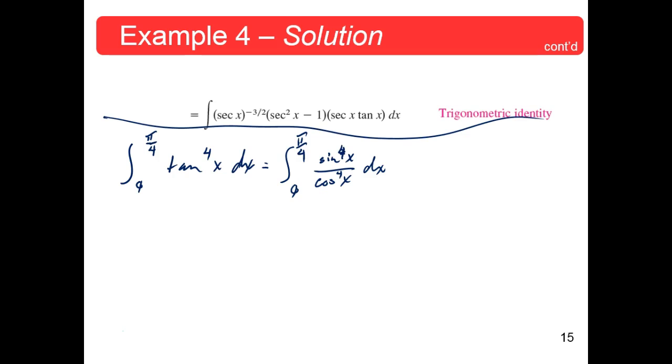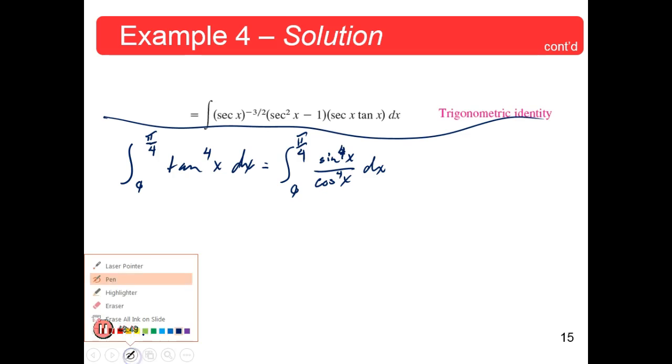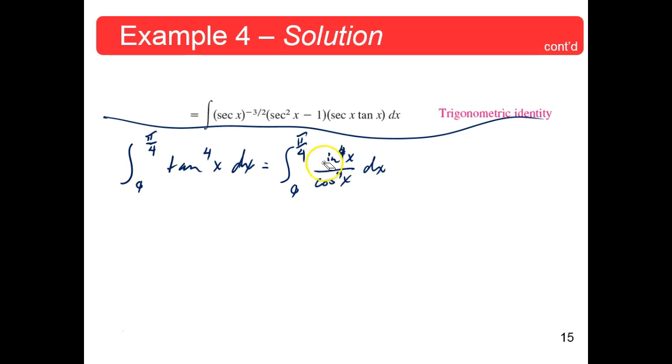So let's see what they suggest for us here. Yeah, clever little idea. Since your tangents need secants, we can do this as tangent squared x times tangent squared x dx.